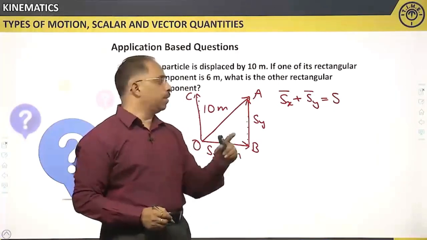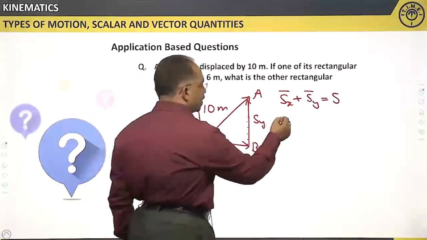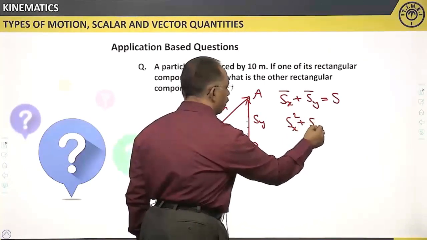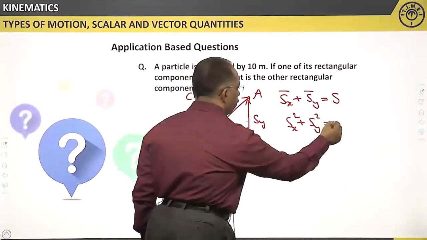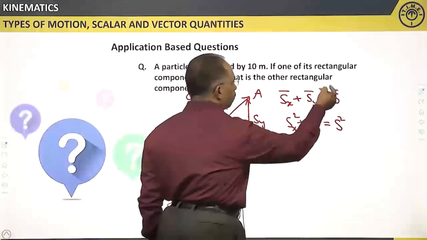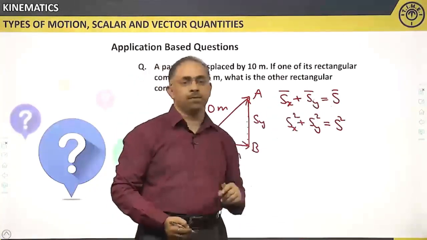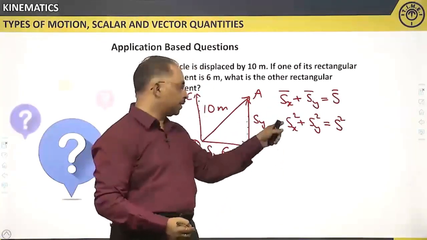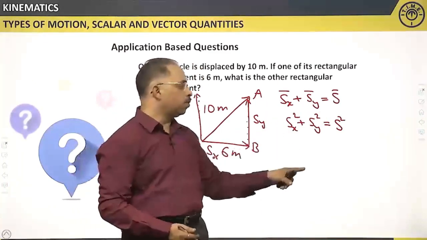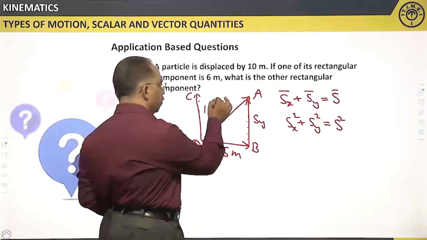If I wanted to convey it magnitude wise, I will say Sx square plus Sy square is equal to S square. Here also a bar should be there on Sx and Sy when adding vectorially. Magnitude wise, Sx square plus Sy square is equal to S square. Out of these, I have the values of Sx and S.